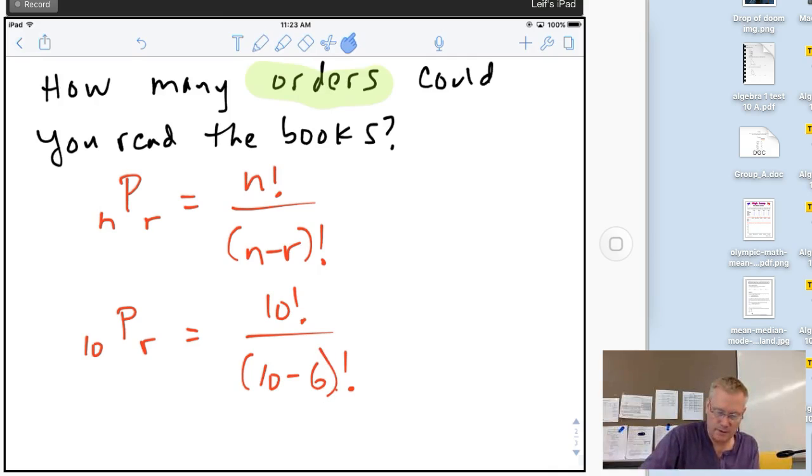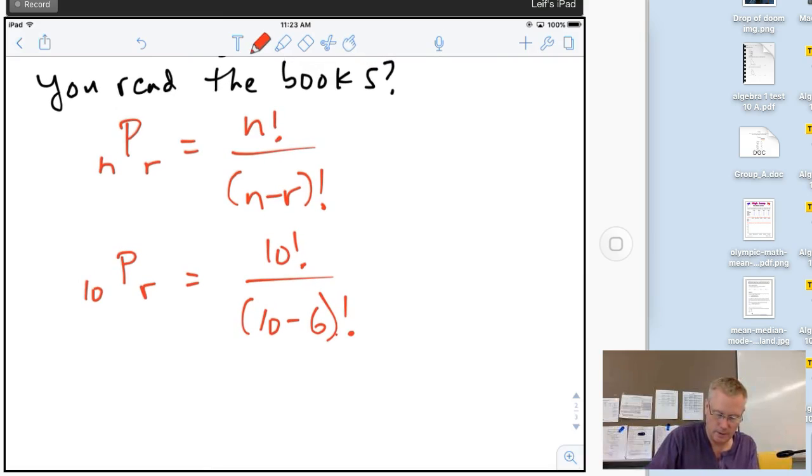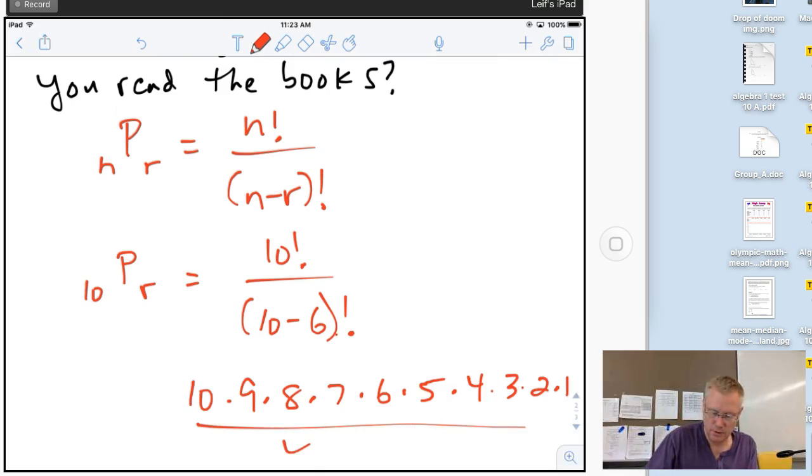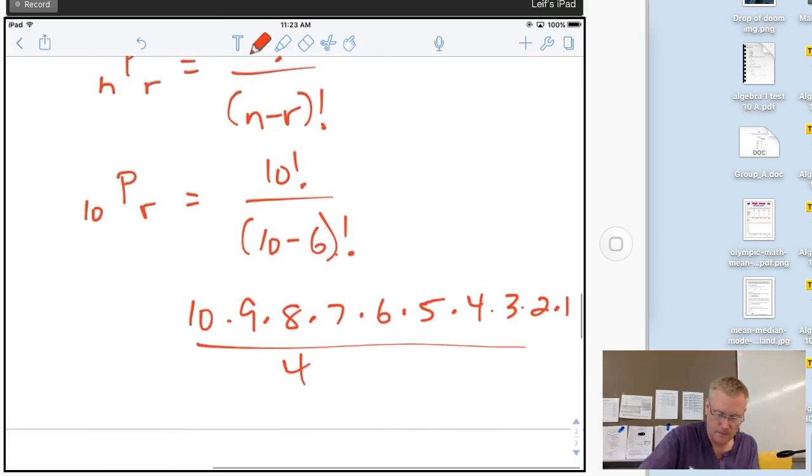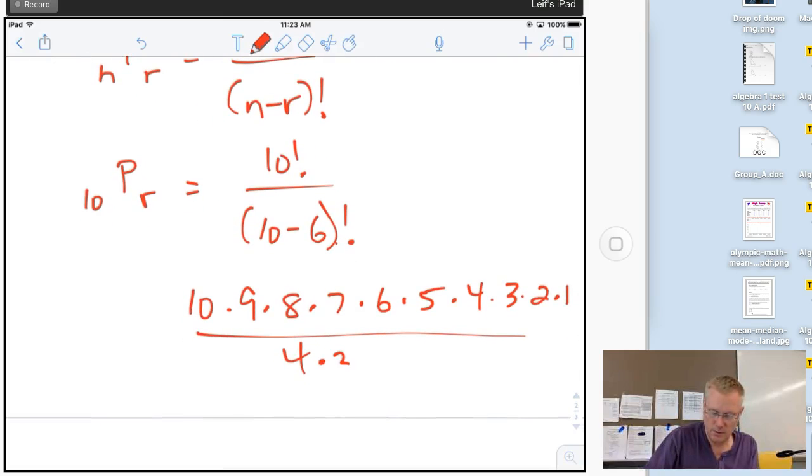If I simplify this out, I get 10 times 9 times 8 times 7 times 6 times 5 times 4 times 3 times 2 times 1 over 4 factorial. 10 minus 6 is 4, so that's 4 times 3 times 2 times 1.